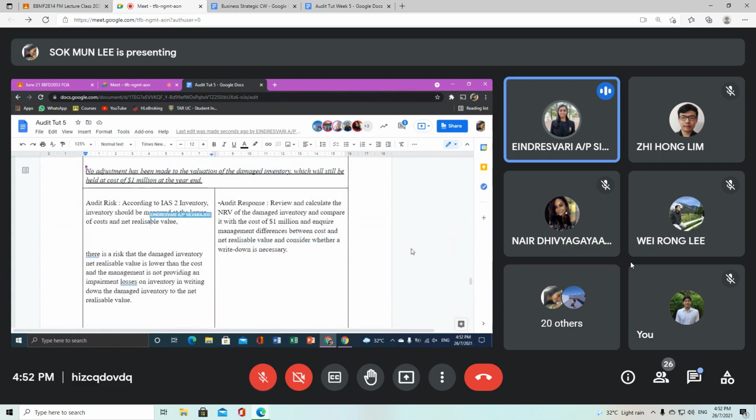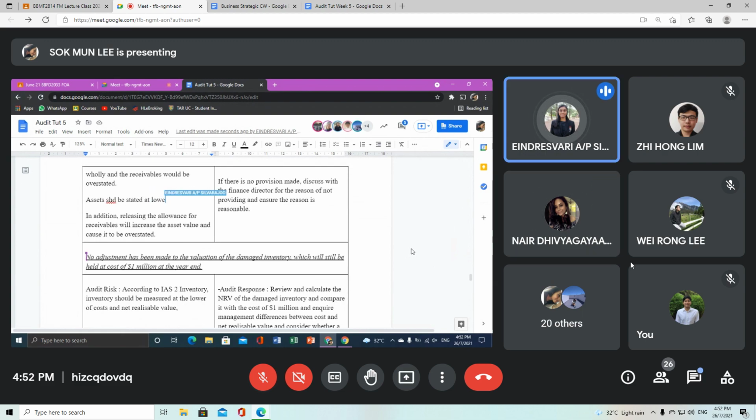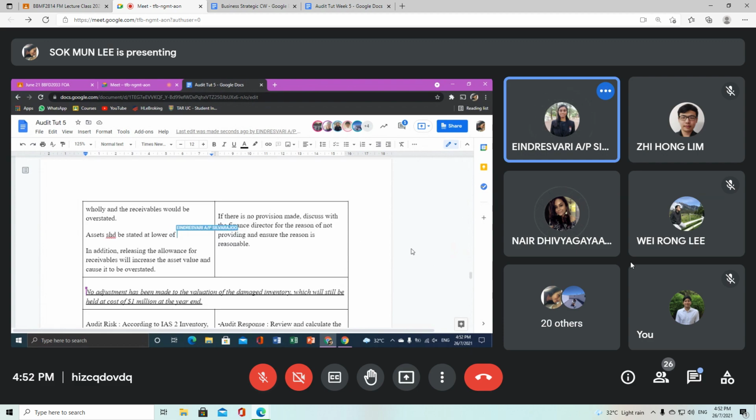So, okay, coming back here, what is the accounting principle here? Divya, what is the accounting principle? No, not damaged inventory, the trade receivable. Asset should be stated at lower of? There is two things here.